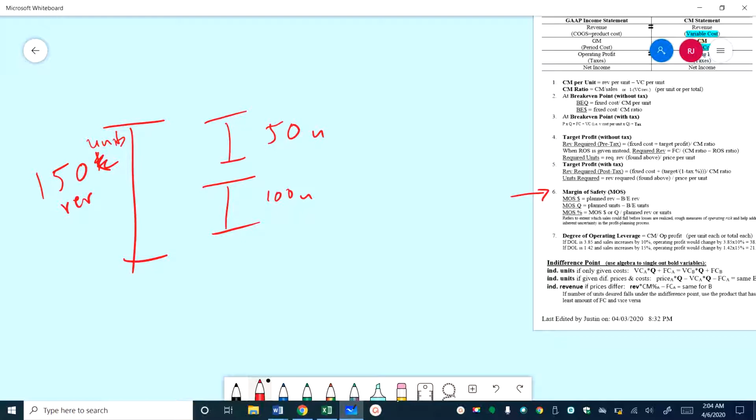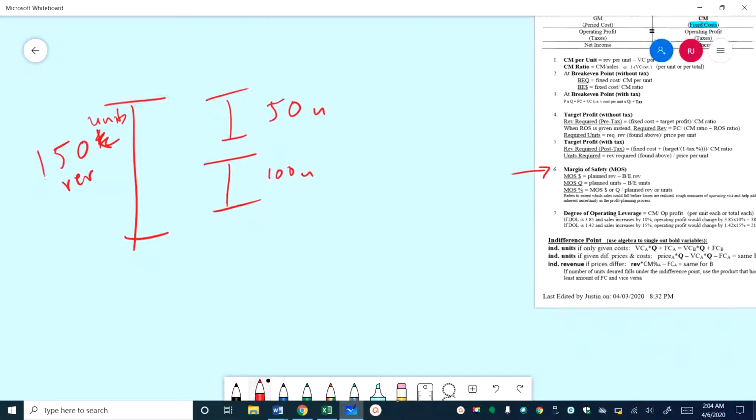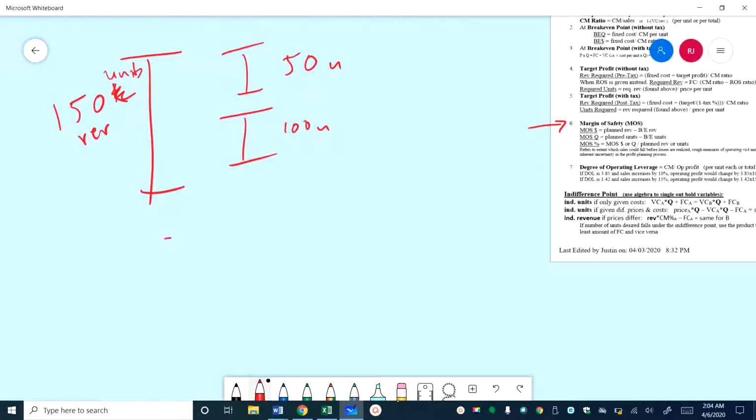And now if I ask you for percent, then if we know 150 is our units or our revenue, then that's 100% of our revenue. And then if our break-even point is this, that would be 66.6 repeating percent.